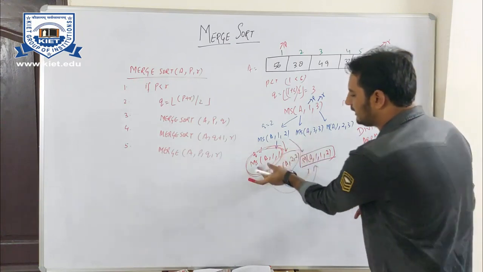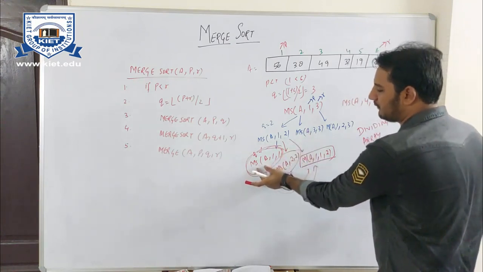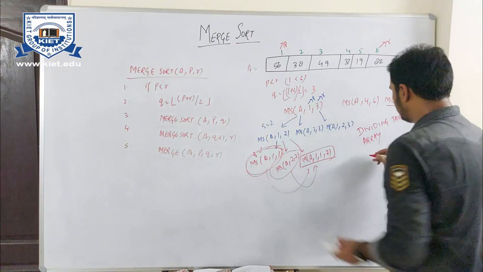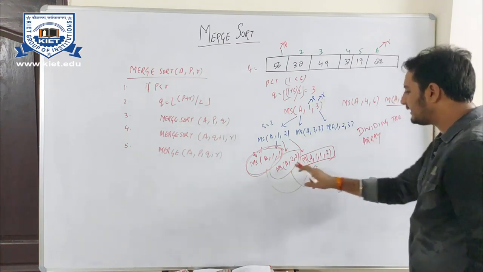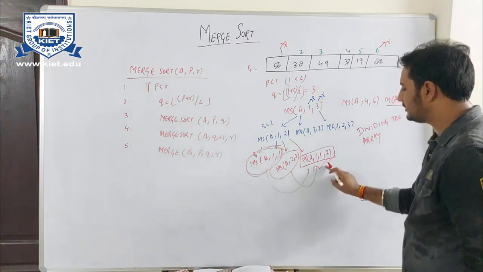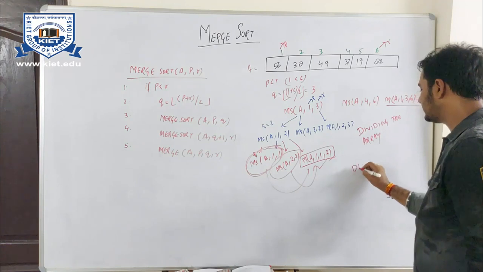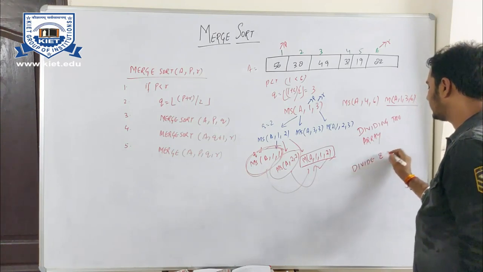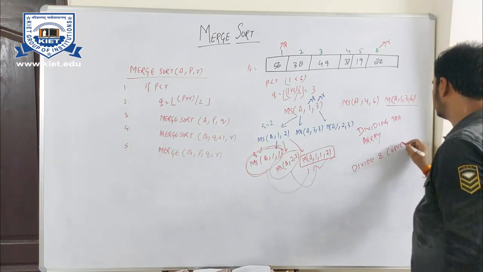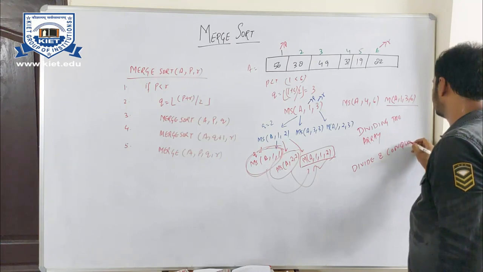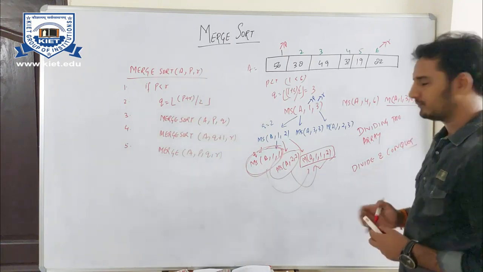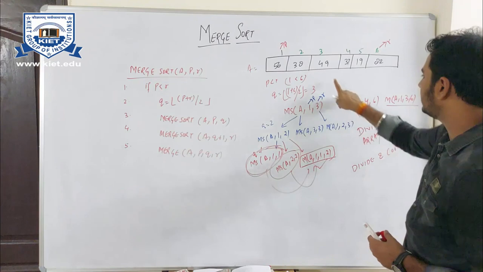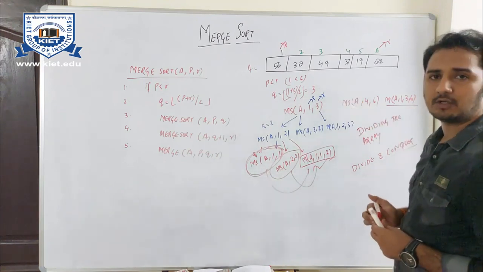You are dividing till you find the solution of this problem. And at the end you are merging the solutions. So this procedure is divide and conquer. You are following the divide and conquer technique to solve this mergesort.